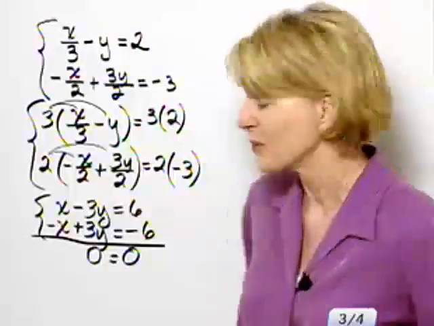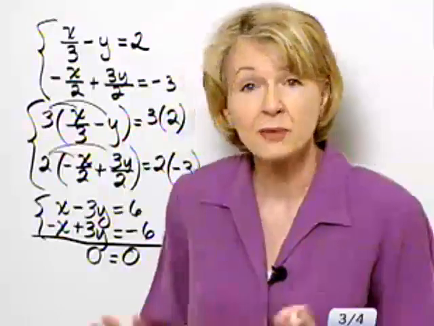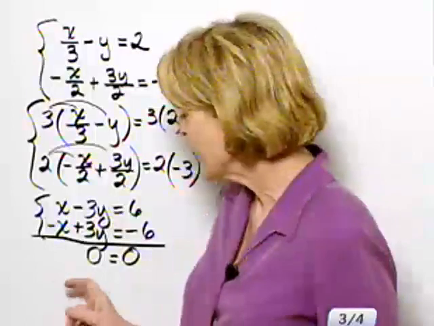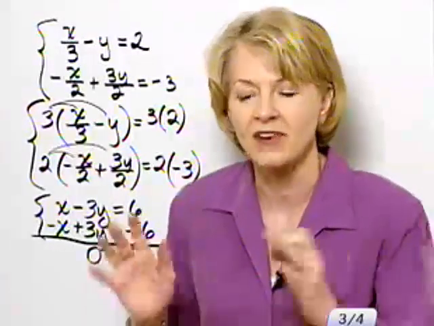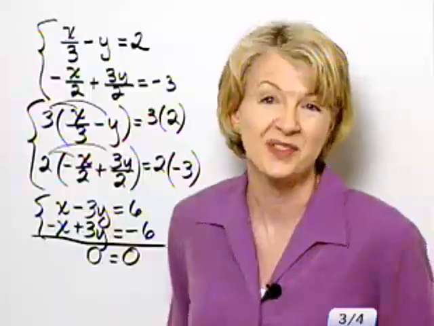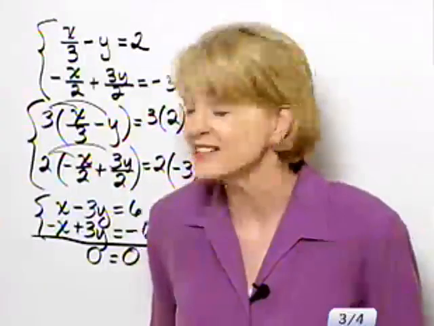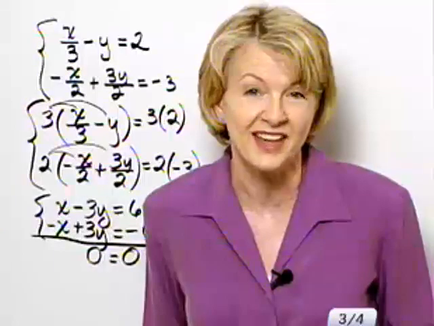What does it mean when variable terms subtract out and I end up with a true statement, any true statement, 5 equals 5, negative 2 equals negative 2, 0 equals 0? It means that these equations are actually dependent equations.